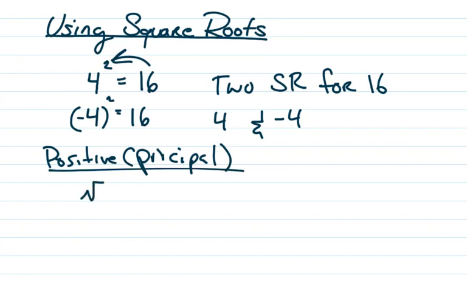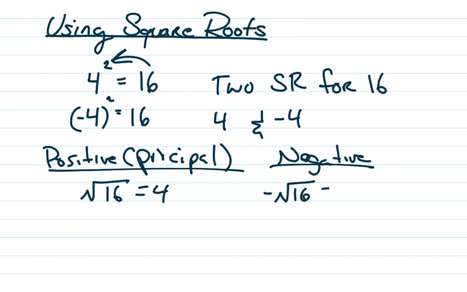So the square root of 16 is positive 4. And the negative square root is written with the negative sign in front of the square root of 16, and that is equal to -4.